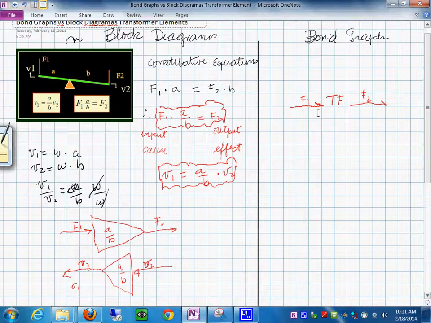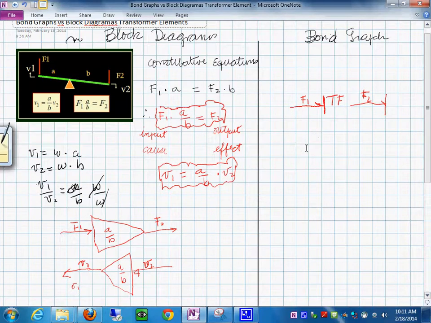Okay. So what does it mean that F1 is the input? It means that the crossbar has to be like this, see? And the output is F sub 2. That is this equation. I mean, F sub 2 meaning the force.